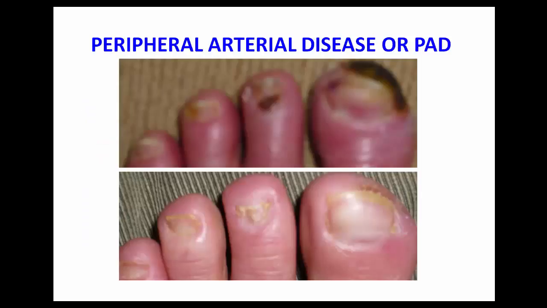And here's an example of a patient who had what looked like gangrene of the great toe with severe discoloration of the toes, which remarkably improved after the bypass surgery. So this is what a bypass surgery can do: salvage your leg, prevent you from getting any further gangrene, prevent you from getting serious blood infection, and improve the circulation and save your leg. Because if this is not treated, eventually it can lead to amputation.